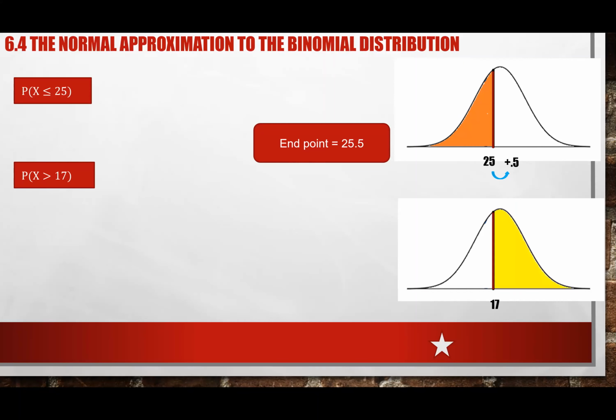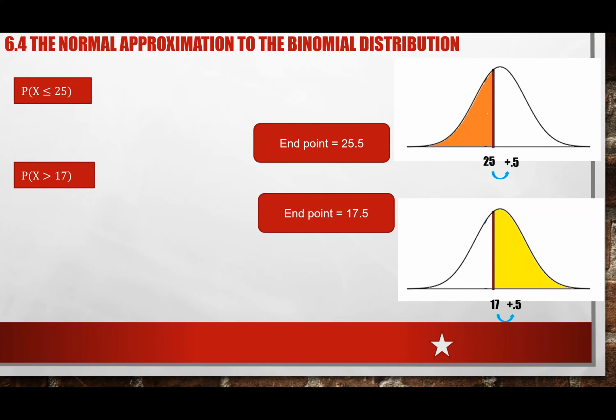More than, so I shade it to the right. Once I have this, I need to adjust the 17. Do I include the 17 in this case? No, there's no equal sign, so we don't include it. If I don't include it, I have to make this smaller. Because it's to the right, to make it smaller, I have to go to the right to exclude this, so my endpoint will be 17.5.